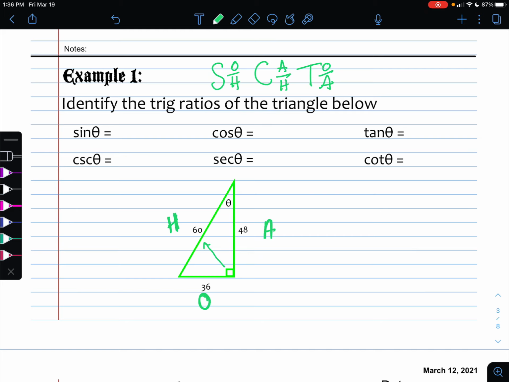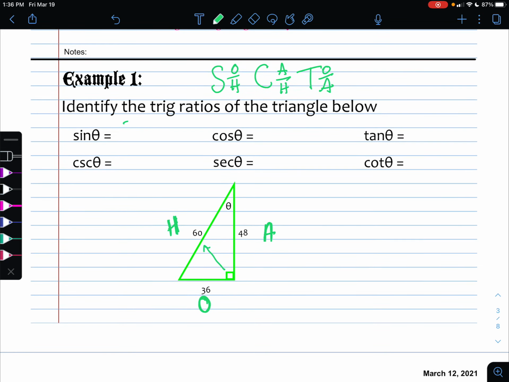So I'm just going to write these as fractions right now. So sine is opposite over hypotenuse. 36 over 60. Cosine is adjacent over hypotenuse. 48 over 60. And tangent is opposite over adjacent. 36 over 48.